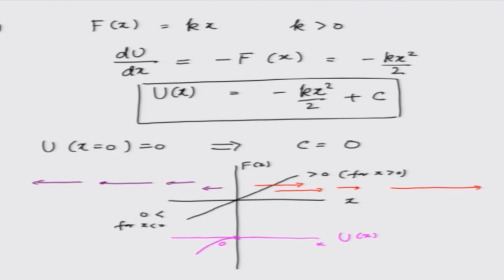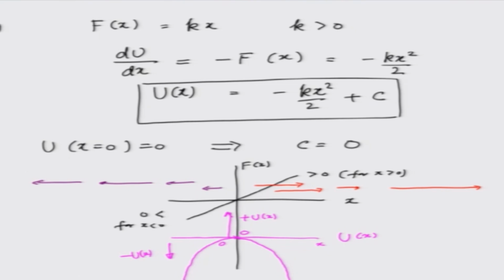So, this comes out to be like a parabola like this. This side is positive Ux, this side is negative Ux, and you can see that as you go farther and farther away from the origin, on both sides, the potential energy is becoming more and more negative with larger and larger slope.